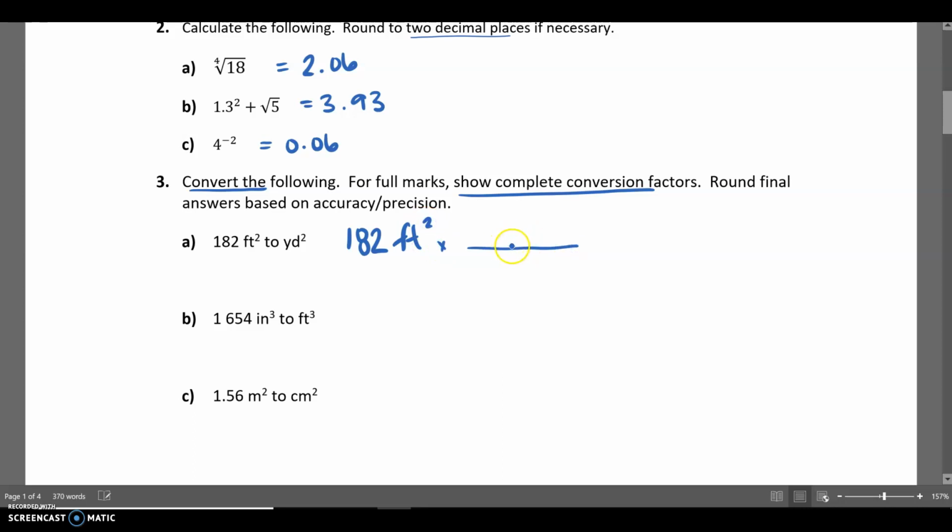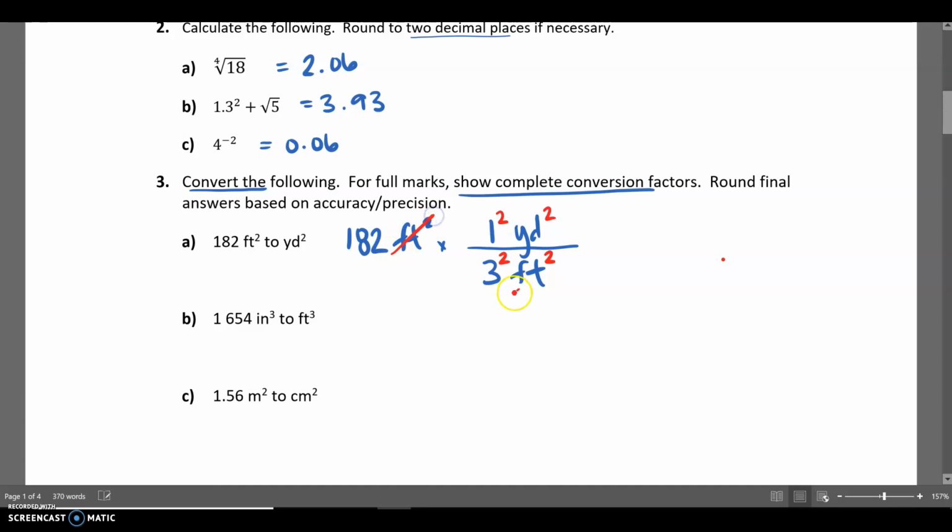On your conversion factor sheet, you have a linear conversion. 1 yard is 3 feet. I'm setting this up so feet are opposite, so on top of the measured value and the bottom of the fraction. However, I need to square these units, so I want square feet and square yards. If I square the units, I need to square the numbers in the conversion factor as well.